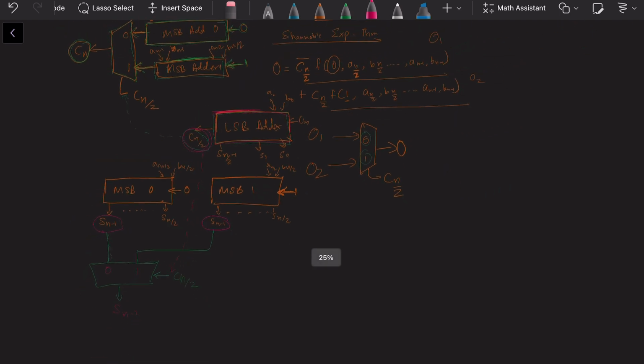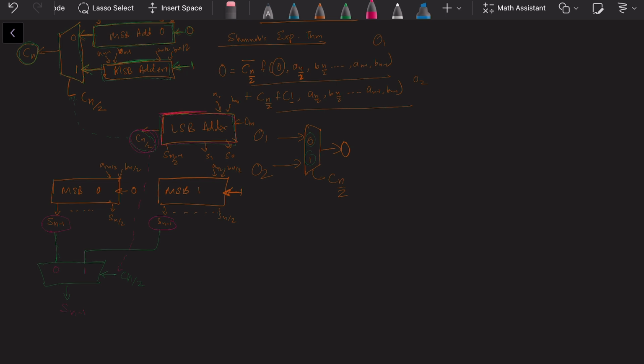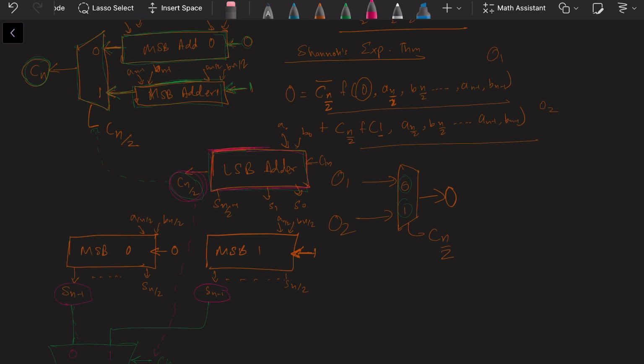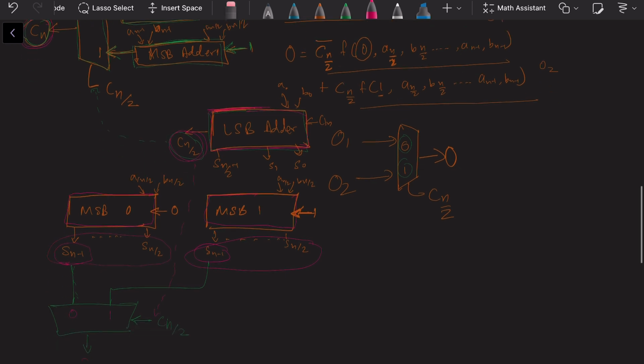So now I have this one LSB adder which is running in parallel to my MSB adders. MSB adder is being used to compute the MSB sum bits, and it's also being used to compute the Cn bit. But the good thing is that now my adder has been divided into exact half.